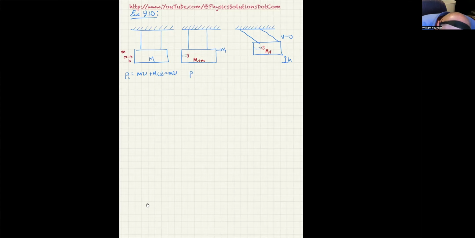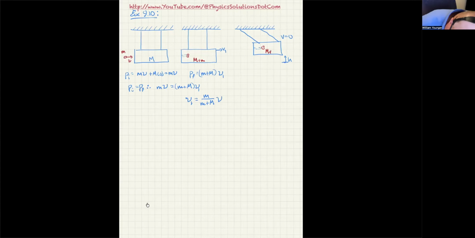P final is going to be m plus M. They're stuck together now, and they're moving with a velocity v1. So P initial equals P final gives us that mv is equal to (m plus M) times v1, and that allows us to solve for v1. Specifically, v1 is equal to m over (m plus M) times v.